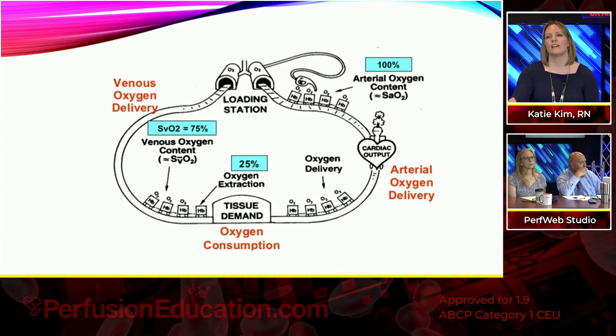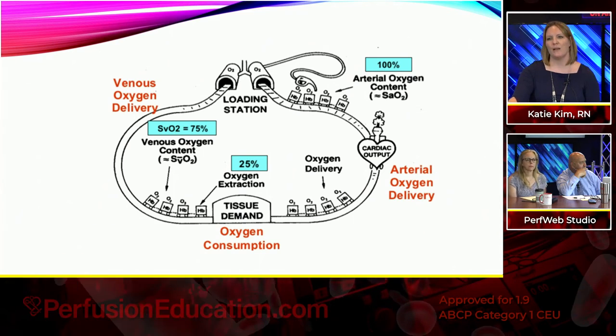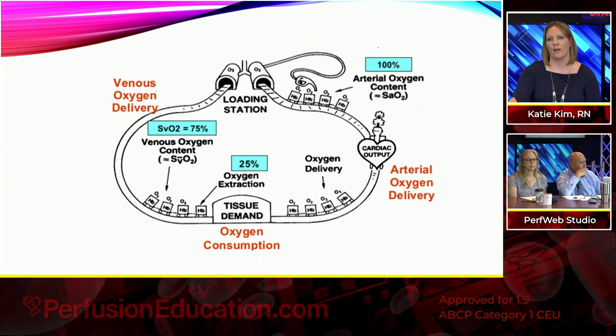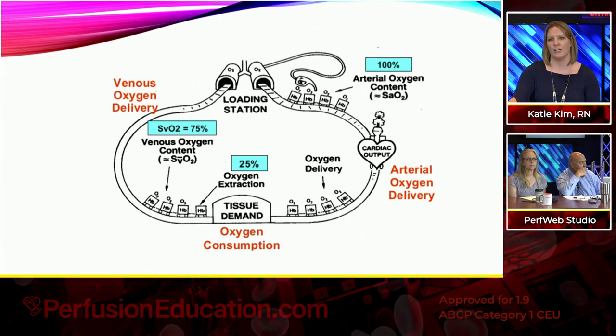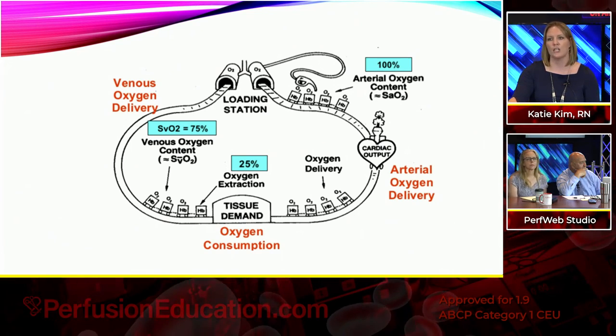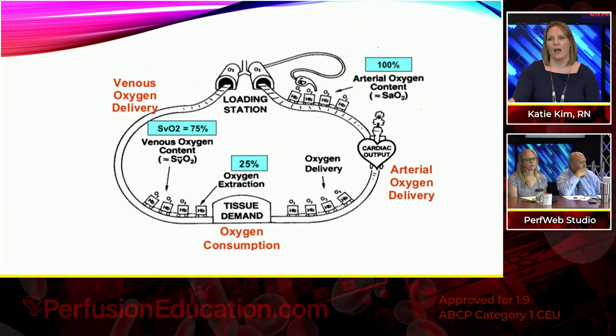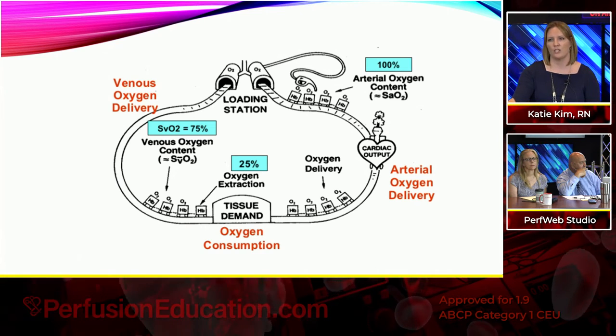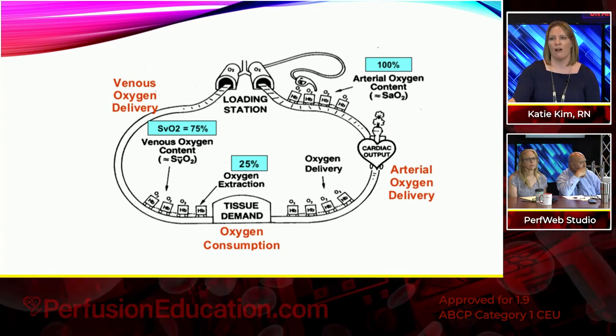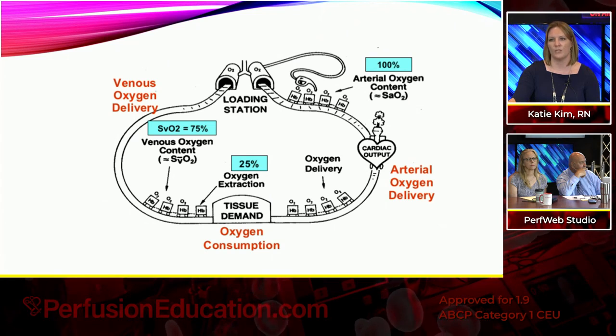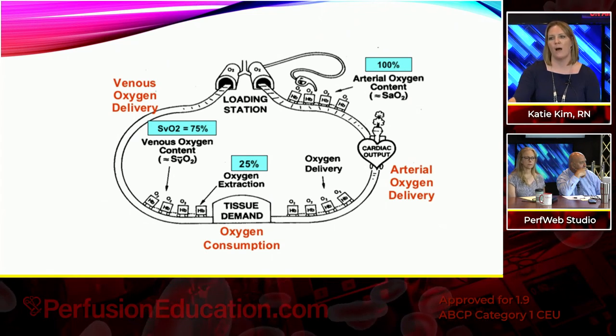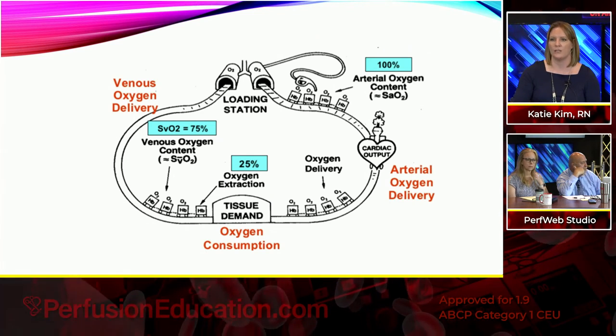I love this little cartoon that basically describes microcirculation in a very easy to understand way. So basically your lungs are tanking up your hemoglobin molecules with oxygen, and so your arterial oxygen content is at 100%, and then your heart has to pump that out and deliver it to the tissues.